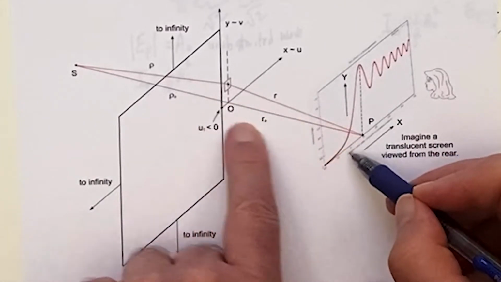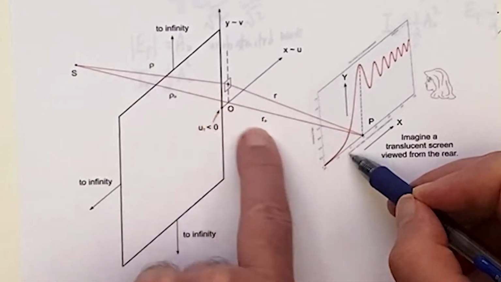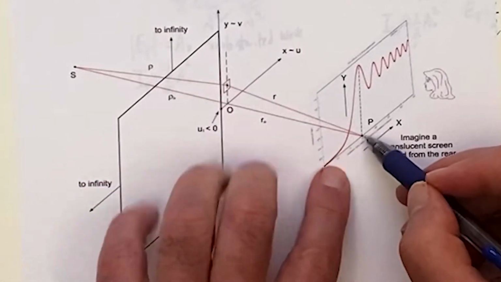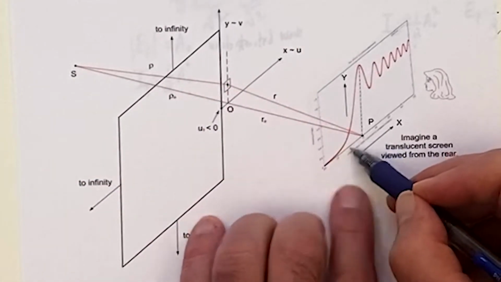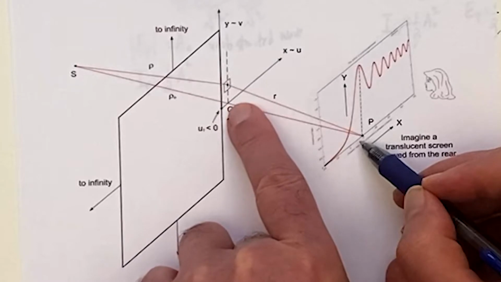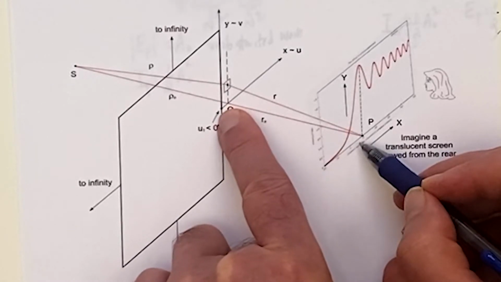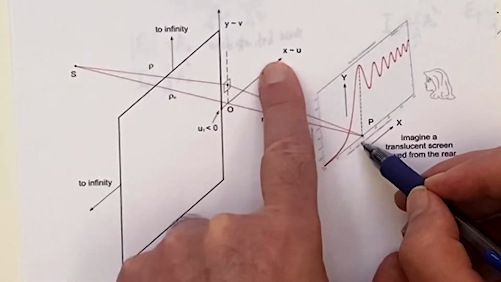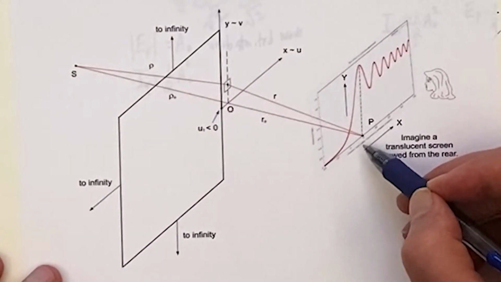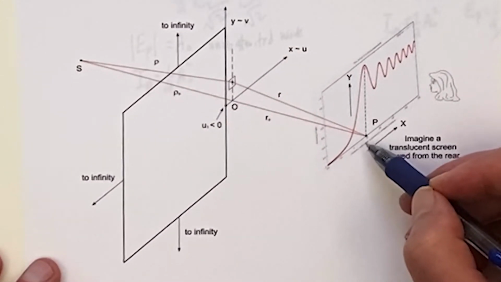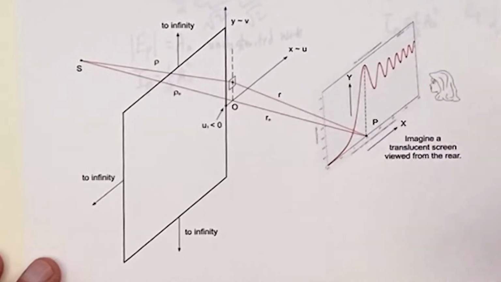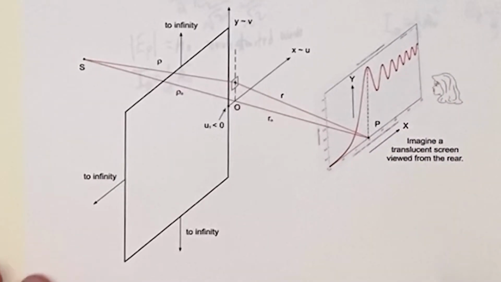See, before we were lined up with that edge there, and we integrated from 0 to infinity. But here, being a little bit shifted to the right, we're going to integrate from some negative u out to infinity. And the question is, what negative u should we pick?